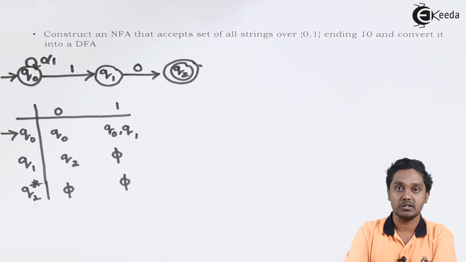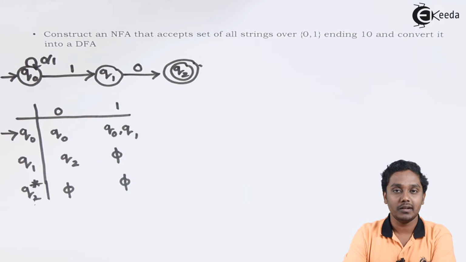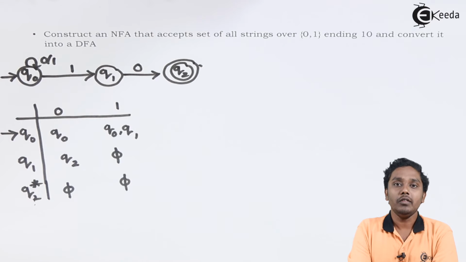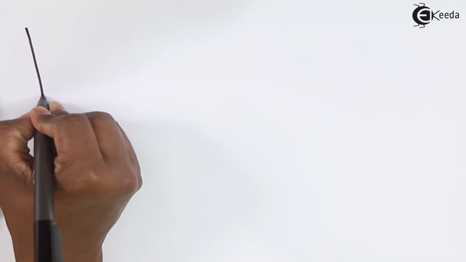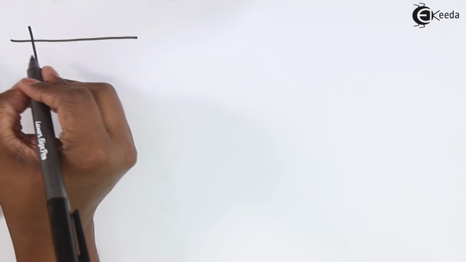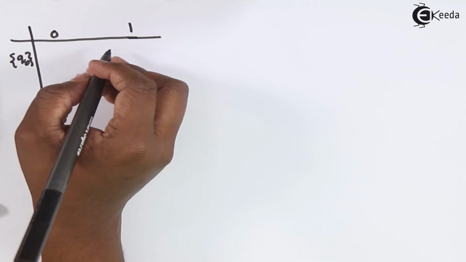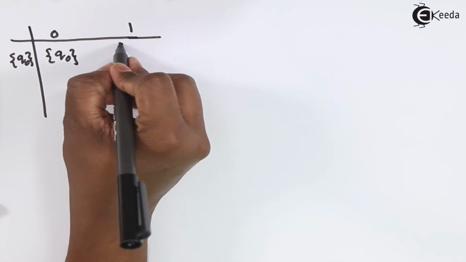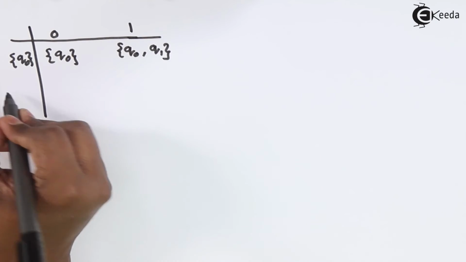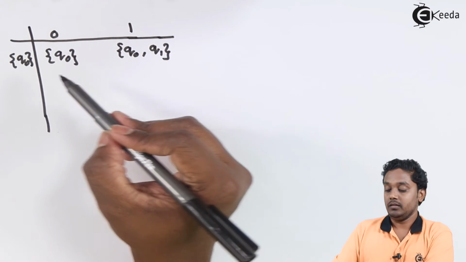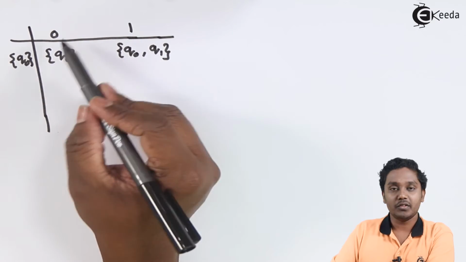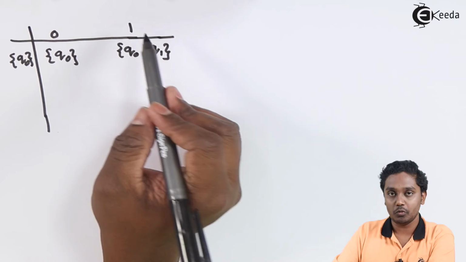Once we have completed the transition table of the NFA, let us now convert this NFA table to a DFA table. Here, Q0 has a transition to Q0 on 0 and Q0 has a transition to both Q0 and Q1 on 1.